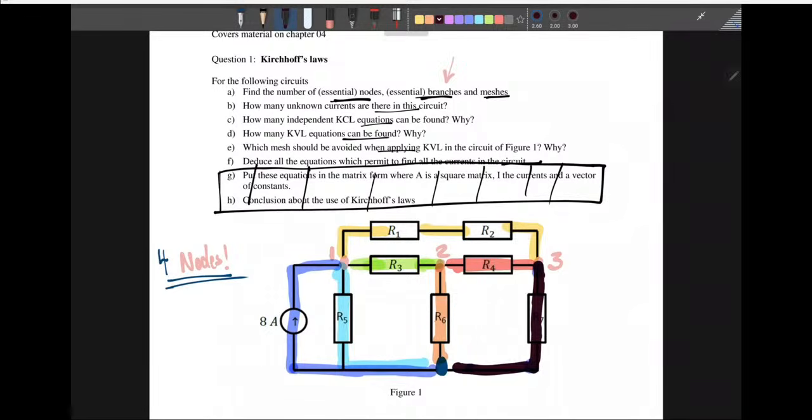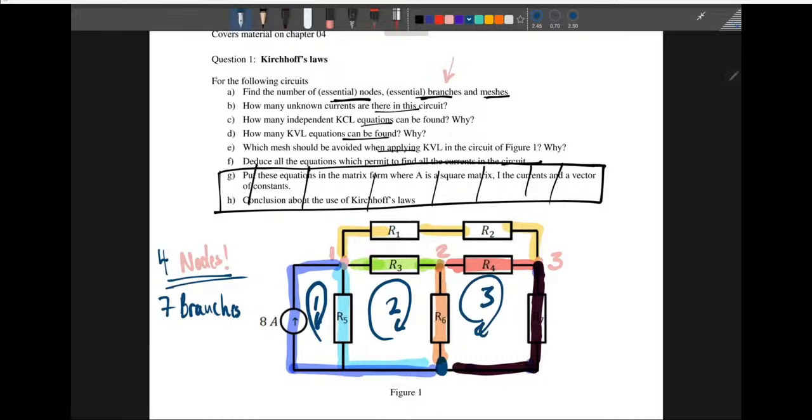So we are going to have how many? 7 branches. Then for mesh, we're just going to have these loops which are like this. So we can call it mesh number 1, mesh number 2, mesh number 3, mesh number 4. So we're going to have 4 meshes.